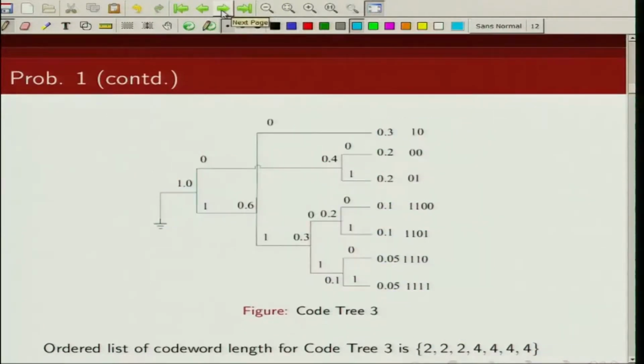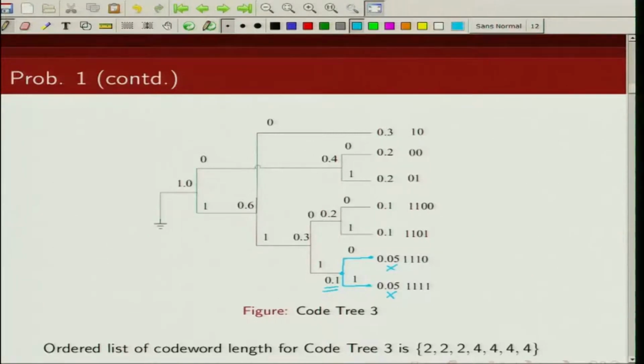Now let's look at another way of combining these nodes. Again we start off with these two nodes which have the least probability. We combine them, create a new node which has probability 0.1, and we deactivate these two nodes.